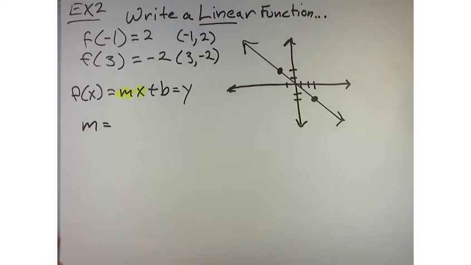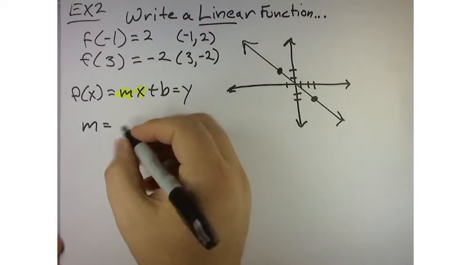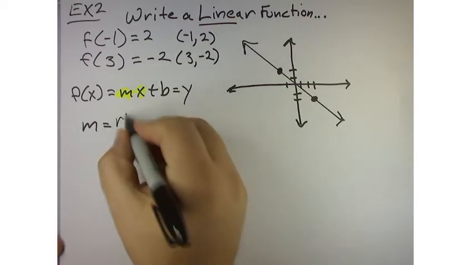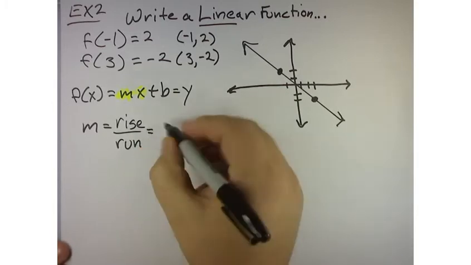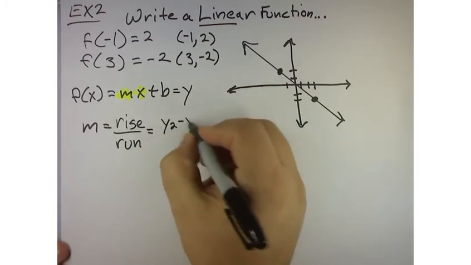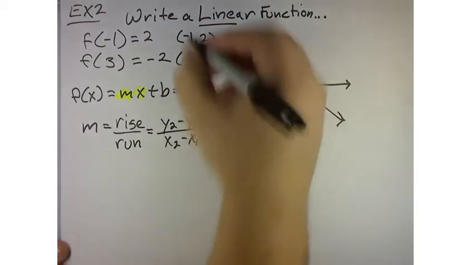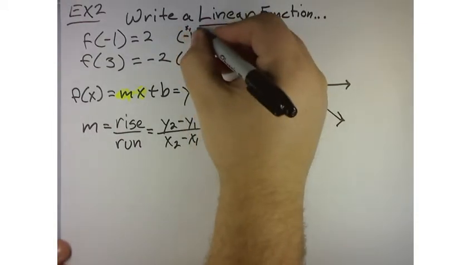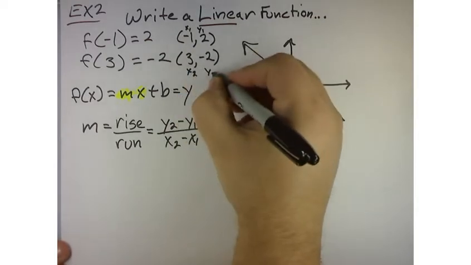Yes. Rise over run. And what does that look like algebraically, though? Very good. That's what I was looking for. So it's the difference in the y's, or y sub 2 minus y sub 1, all over x sub 2 minus x sub 1. And so this is my first x, this is my first y, this is my second x, this is my second y.